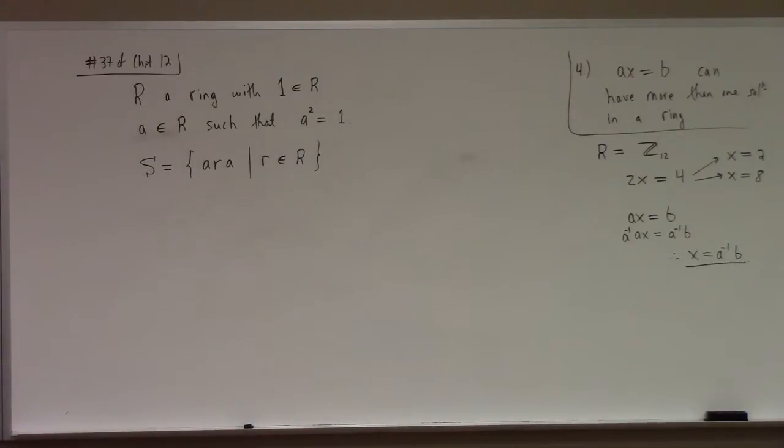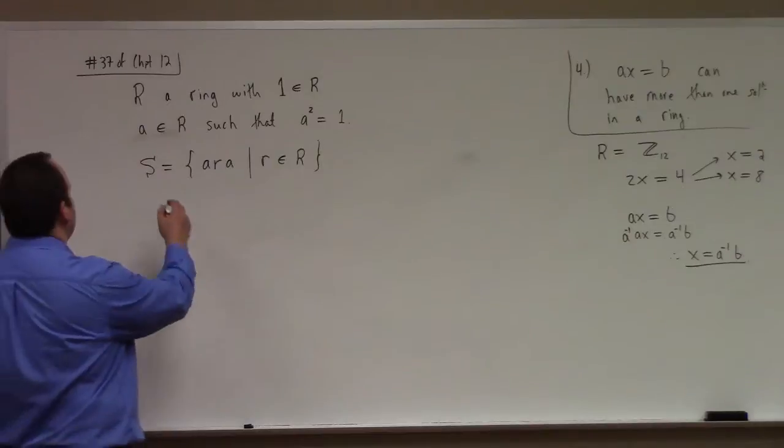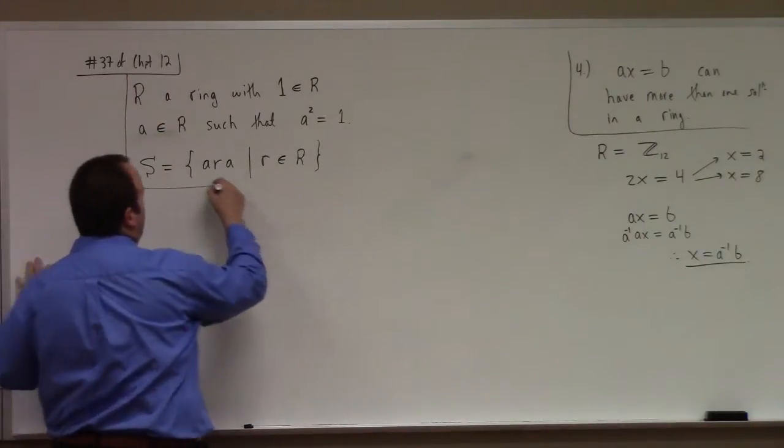Basically, A is given to be a unit, and from a group theoretic perspective, we're just looking at the set of conjugates with respect to A, because A is A inverse. But anyway, it's just going to be a subring test, all right?